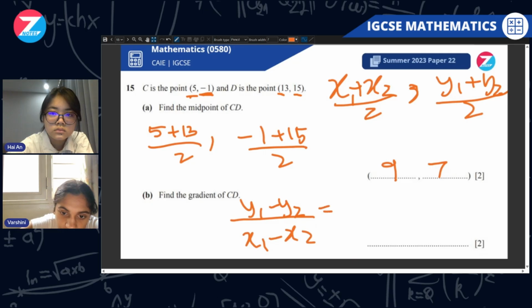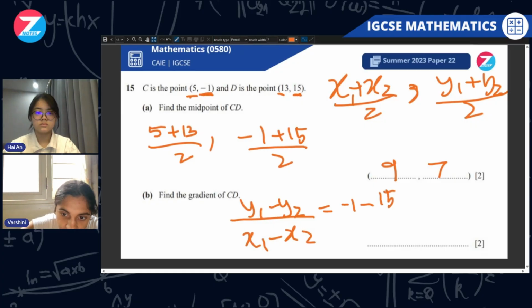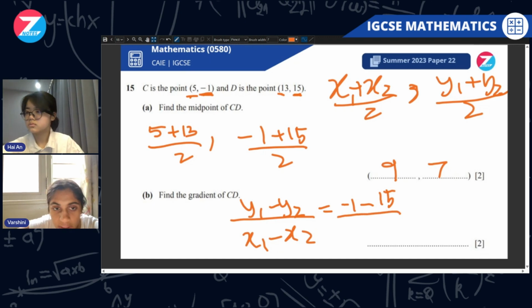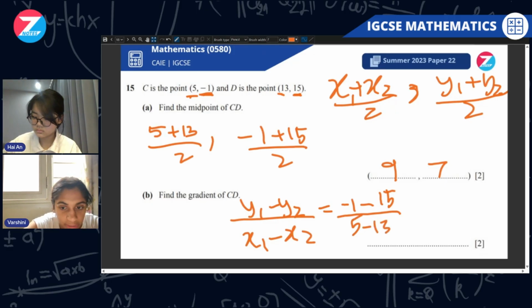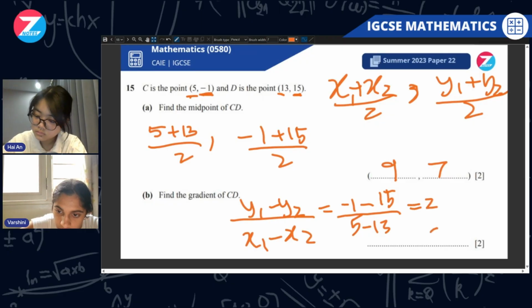So over here, that's going to be minus 1 minus, and here our y2 is 15, divided by x1, which is 5, and x2 is 13. So 5 minus 13. And if you put that in your calculator, you should get 2. So 2 is our answer.